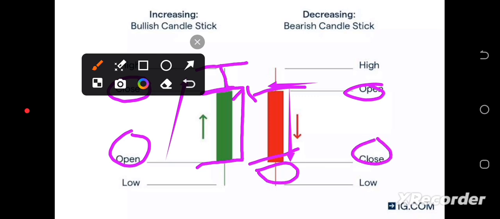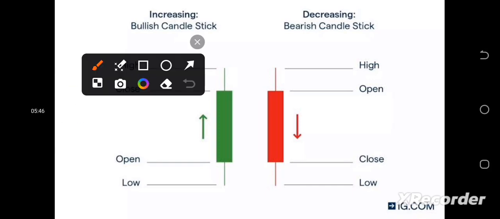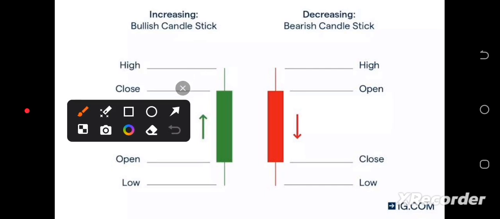This is the closing price of the candle. So for a bearish candle, or a red candle, or a selling candle, the market opens above and then goes down. For a bullish candle, the market opens below and goes up.